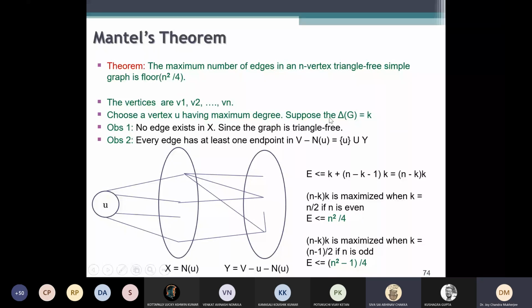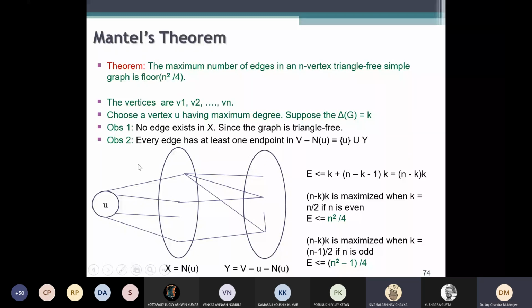So delta(G) represents the maximum degree of a vertex, so that is equal to k, and small delta(G) represents the minimum degree of a vertex of a graph. Okay. Now what we do? We try to draw this graph. So this is my u having the maximum degree. So there are k edges here.